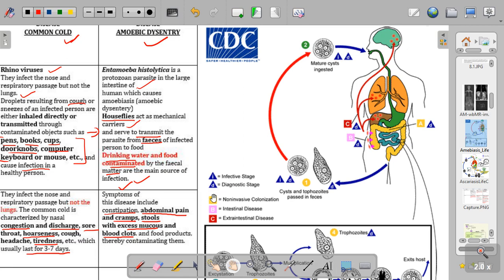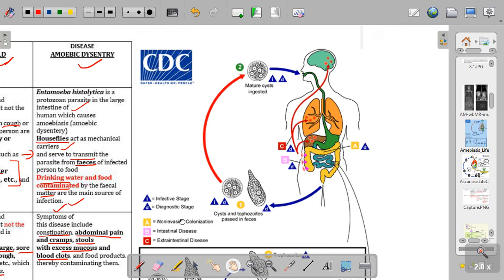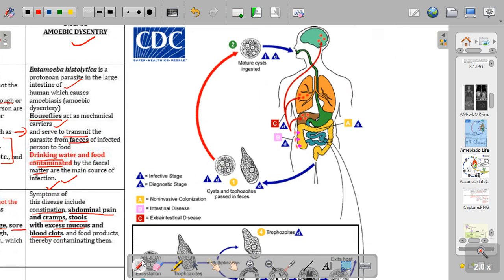You can see the life cycle of Entamoeba histolytica. When it is taken into the body, it has multiple organs to infect. It can stay in different organs, like the lungs, the liver, and the large intestine, where the large intestine loses the capability to retain water.